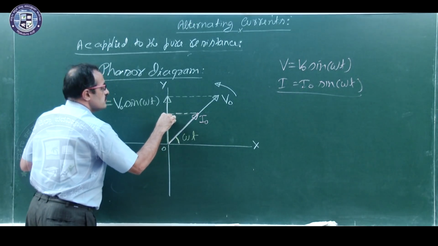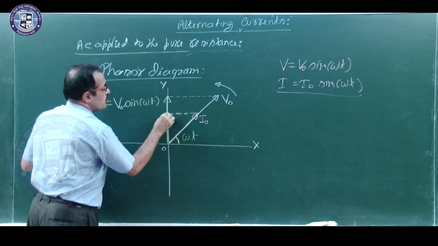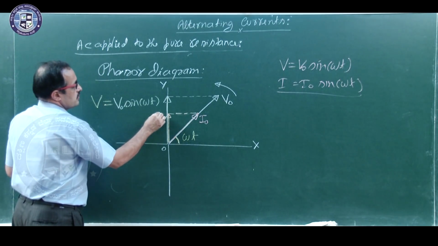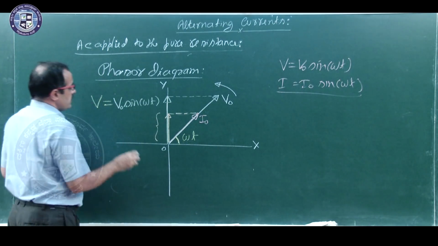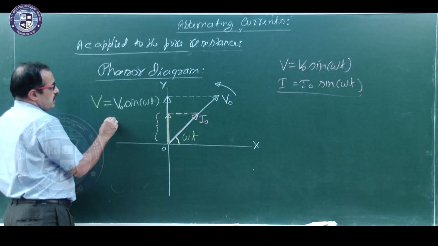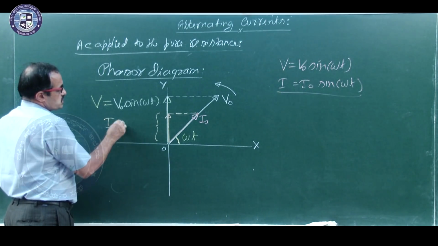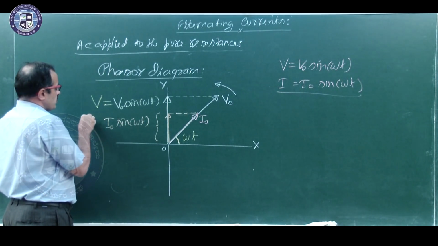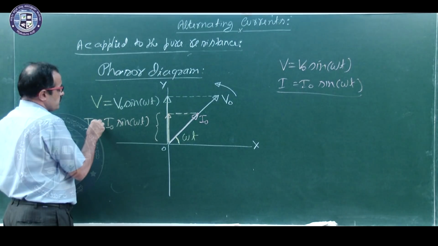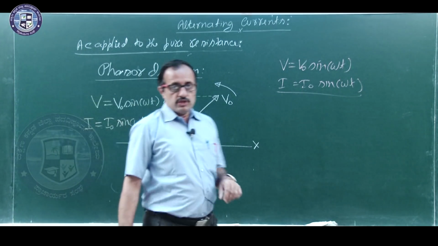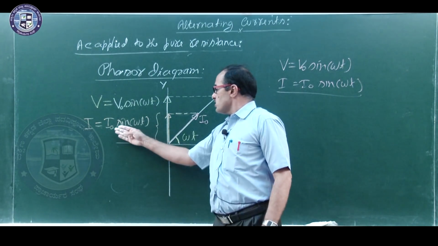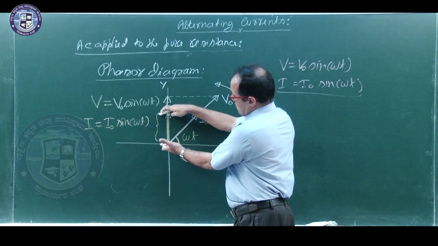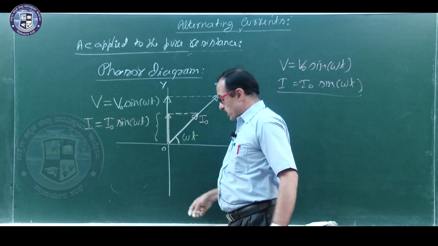This is the component of current, and it is nothing but I naught sin omega t. But what is I naught sin omega t? Instantaneous value. Therefore, I is equal to I naught sin omega t, that represents instantaneous current, and this represents voltage.